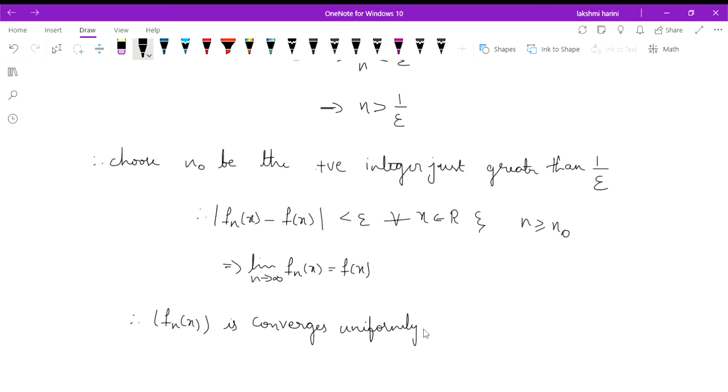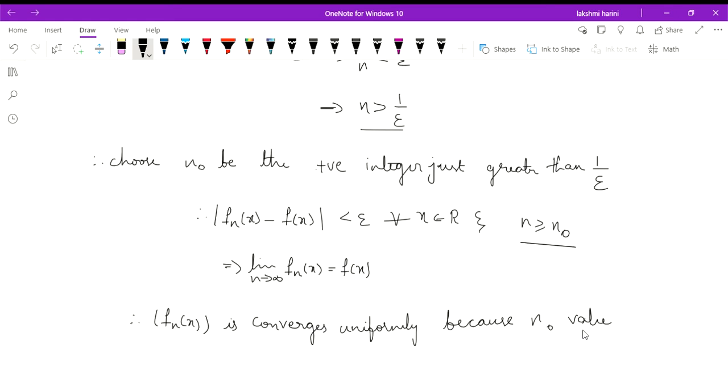Why does it converge uniformly? Because n naught value, this is our n naught value. When you compare n is greater than or equal to 1 by epsilon and n is greater than or equal to n naught, our n naught value is 1 by epsilon. Therefore n naught value is depending only on epsilon, therefore it is uniformly convergent.